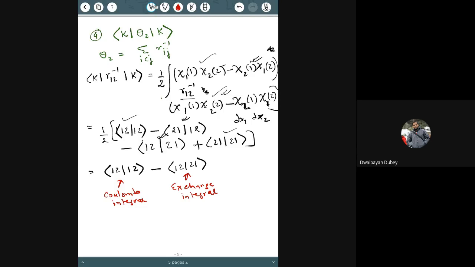For now, let's generalize it to many electrons, and what will happen is basically you will just get a few sums. So for the general case, it is a sum over all unique pairs of orbitals of the same expression, which is ij minus ij ji.